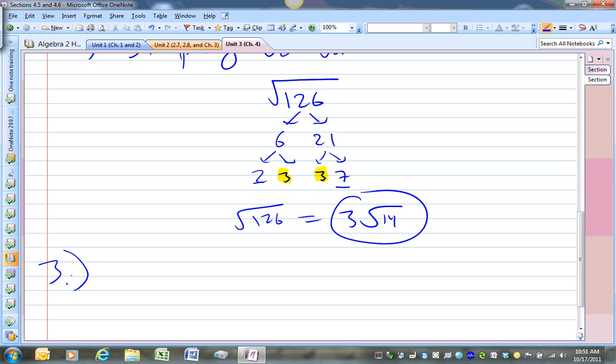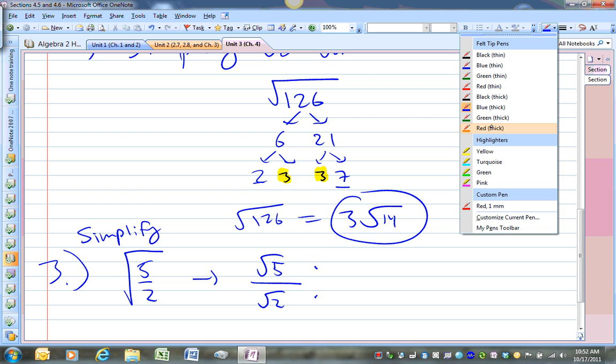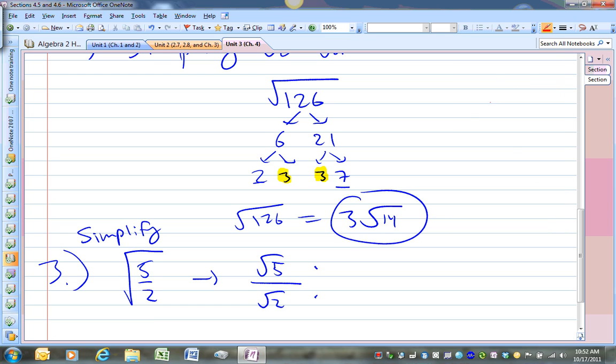Here's another type of problem. So we have root 5 over 2. You're asked to simplify that. We can simplify both top and bottom separately. But then what you want to do is something like this here.